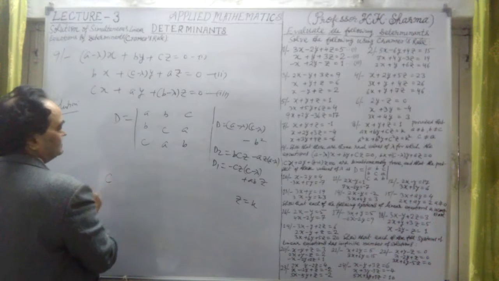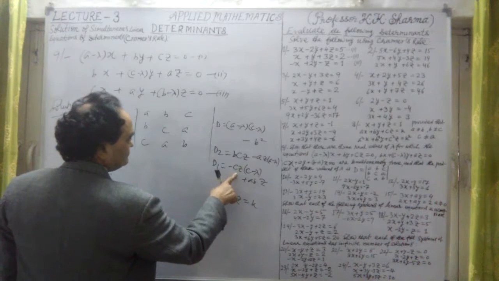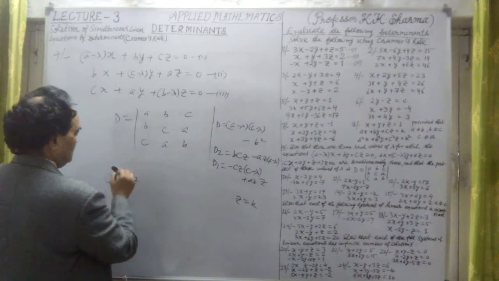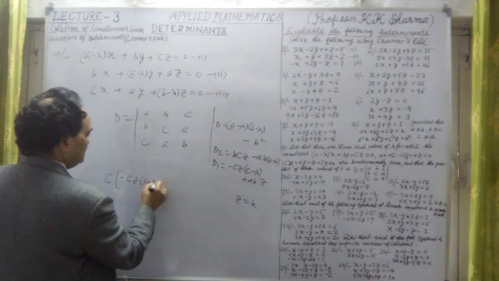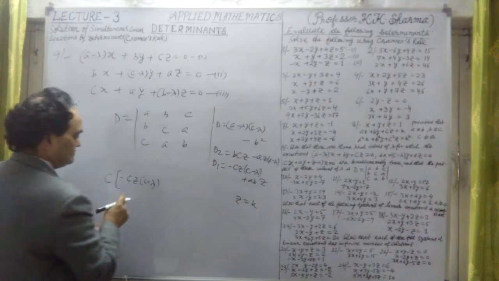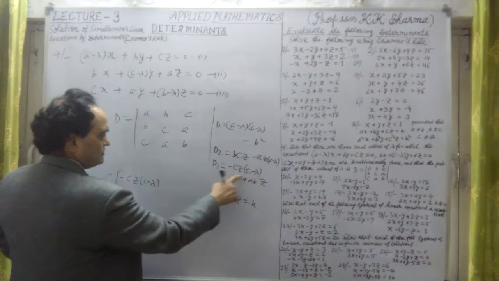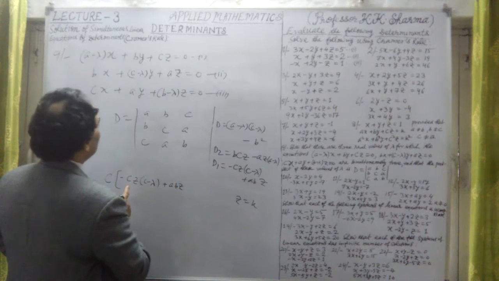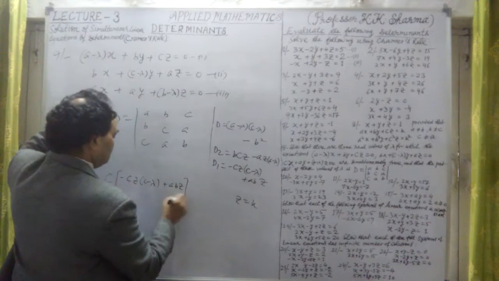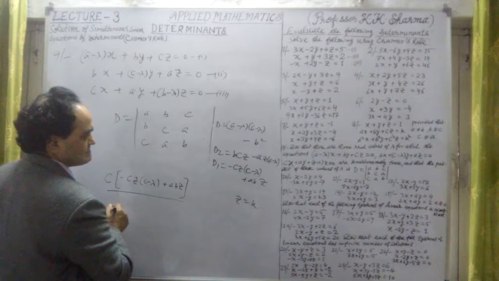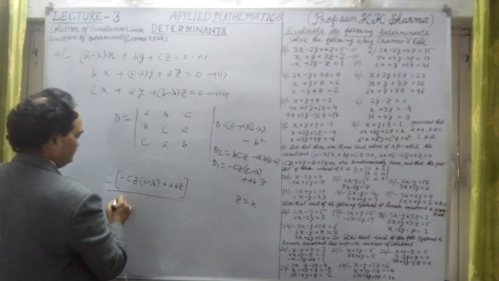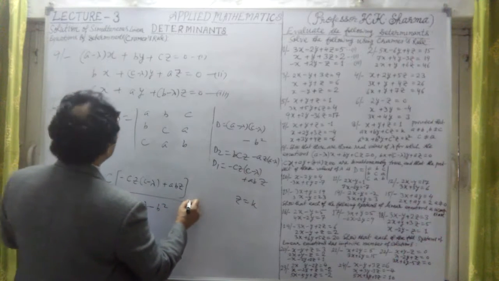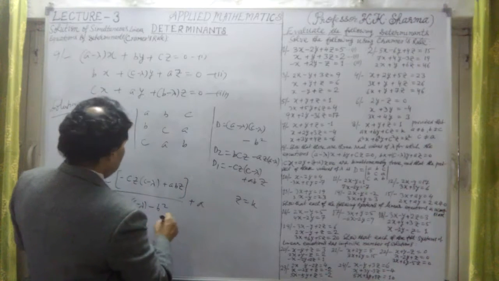So c into x. Now x is given upon this. It will be minus cz into c minus lambda, and plus ab into z. This is c into x divided by D, where D is a minus lambda into c minus lambda minus b square, and then plus a into y.